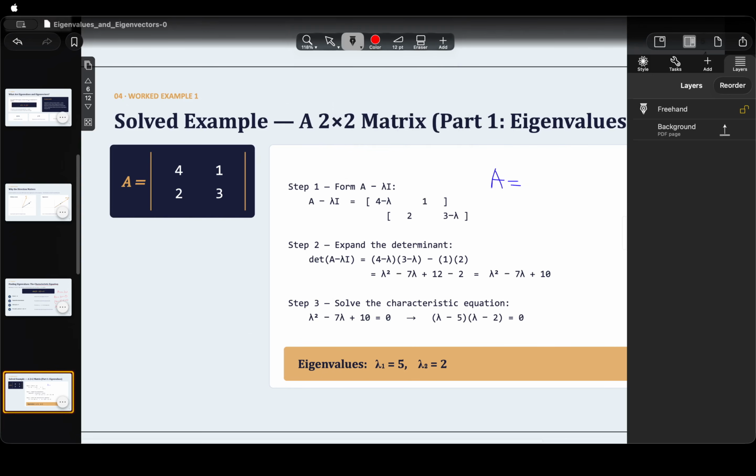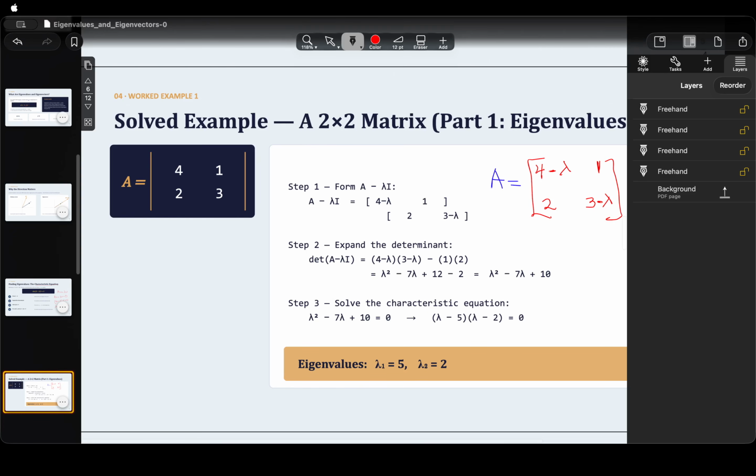So it's a diagonal you are interested in. So 4 minus lambda for the diagonal entry, you have 1, you have 2, then 3 minus lambda. Okay, so the next thing to do is find the determinant.